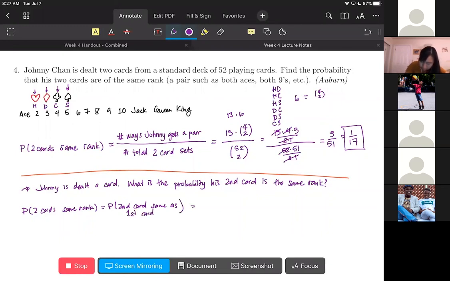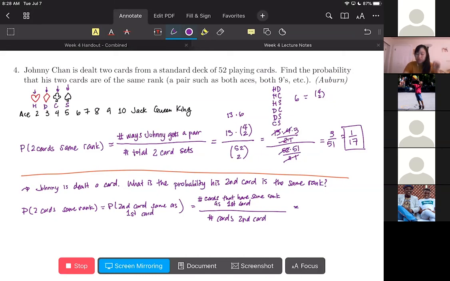In that case, we have the number of cards that have the same rank as the first card, over the total number of cards that could be his second card.